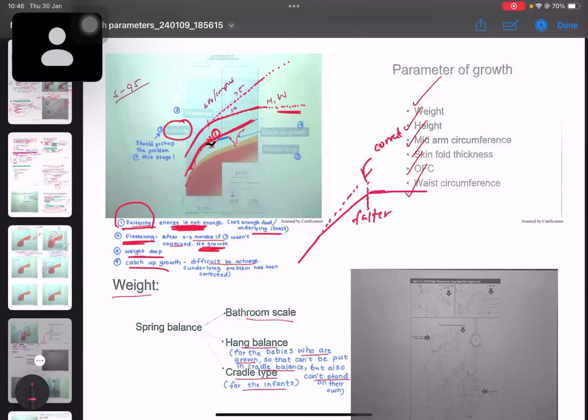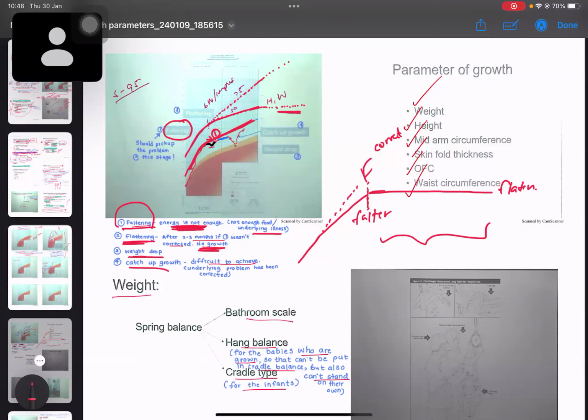The child is not growing, still the same height and weight for some duration. This is flattening. If the growth has slowed down, that is faltering growth. If the child is not growing, that's flattening growth.